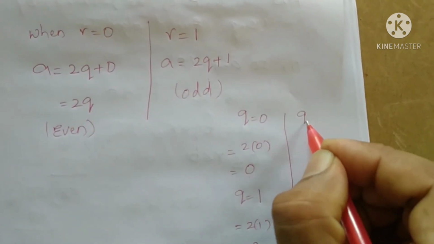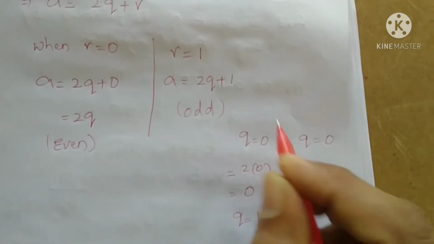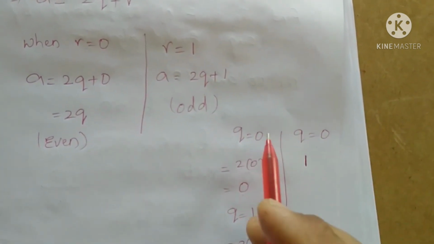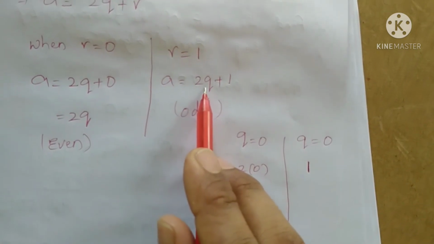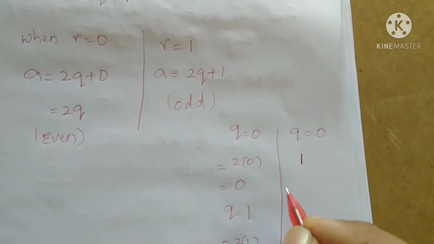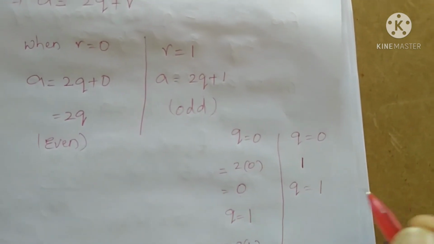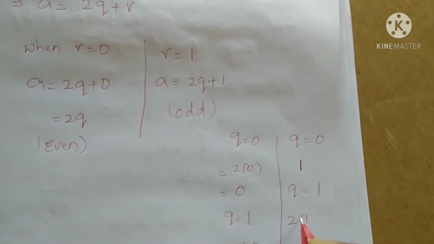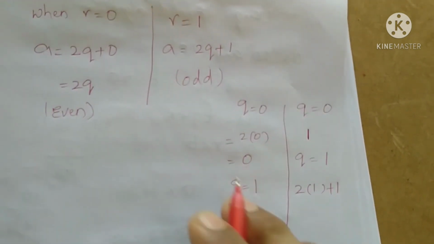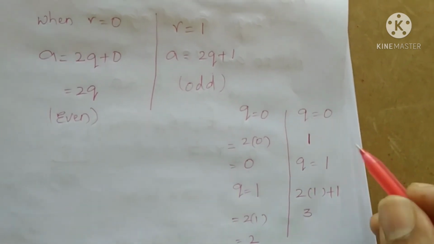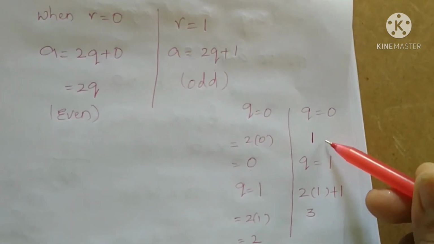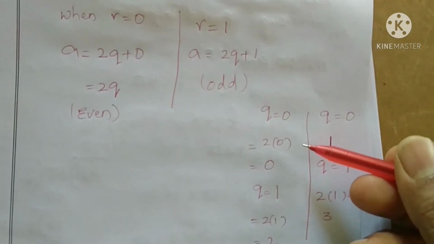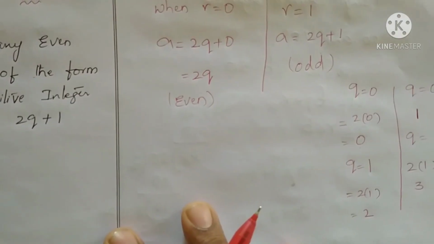For 2q plus 1, when we substitute q is equal to 0, the result is 1. When q is equal to 1, we substitute 2 into 1 plus 1, and the result is 3. Similarly, every odd positive integer is of the form 2q plus 1, and every even integer is of the form 2q.